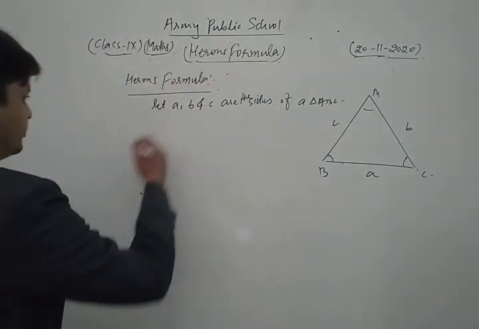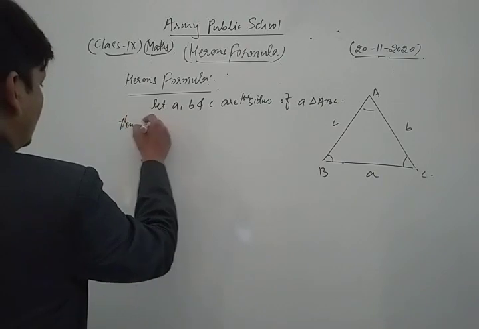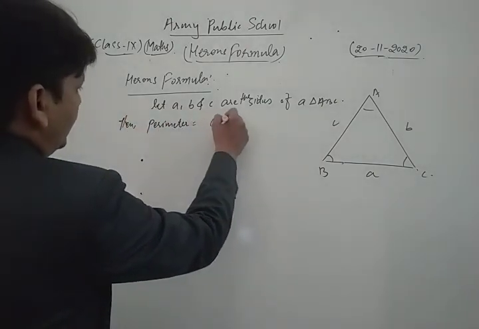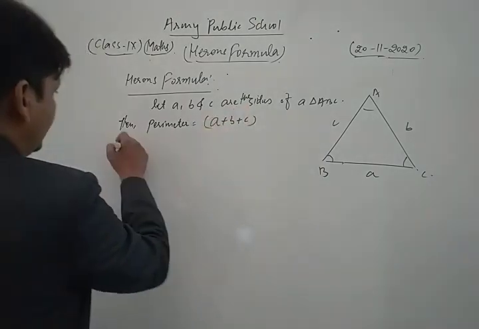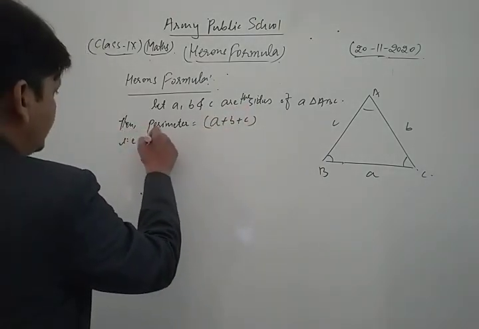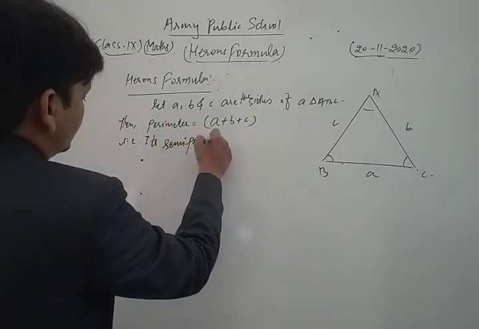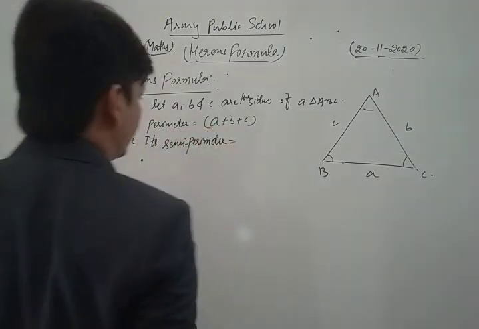Okay. Then its perimeter will be what? A plus B plus C. Its semi-perimeter will be what?